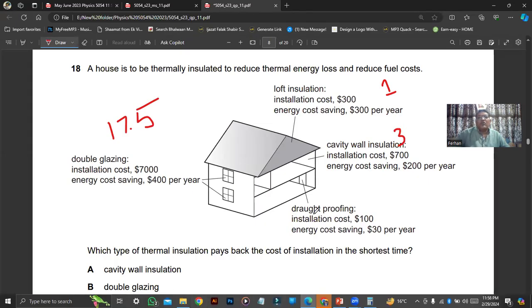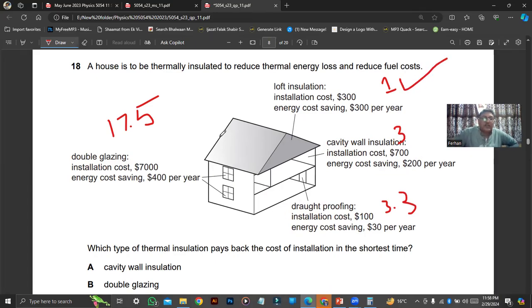Okay. So draft proofing installation costs $100, and the cost saving is $30 per year. So $100 divided by 30, and that will be 3 point something. Okay, so 3.3, I think. And so the question is, which type of thermal insulation pays back the cost of installation in the shortest time?